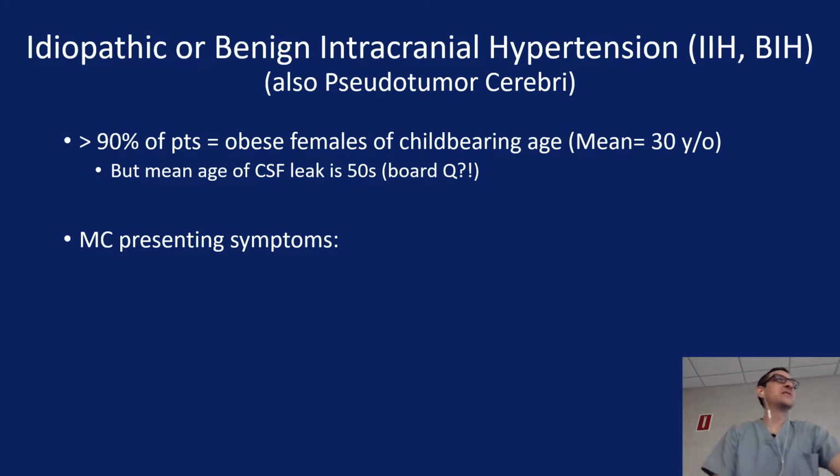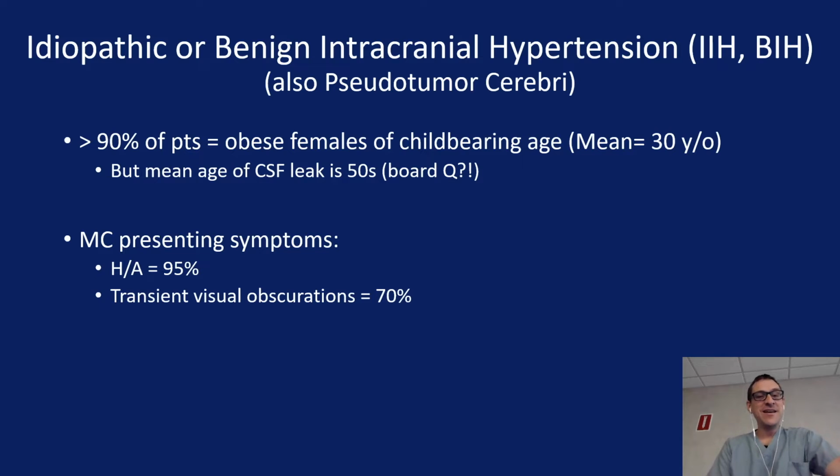Most common presenting symptoms, we're just going to fire through this. Headache is the most common. I didn't put the source for this, but it's a neurology paper. If anyone's really interested in reading on this, send me an email. Transient visual obscurations, fancy term there, but weirdness in the visual field is how I interpret that. Pulsatile tinnitus. I got this on a board prep question at some point.